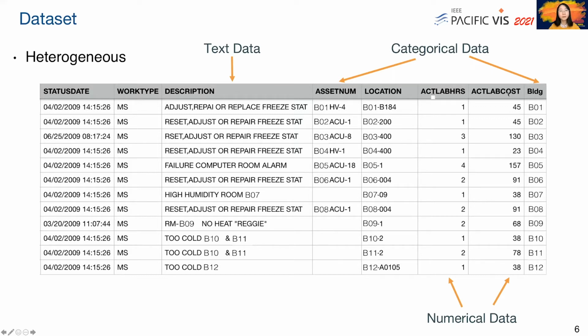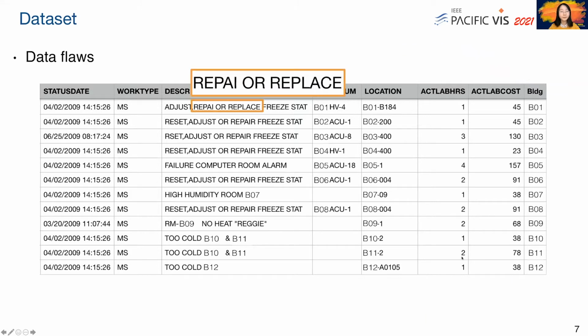Actual labor hours and actual labor cost are numerical data. Apart from the different types of data, there are also misspelling and missing data problems in this dataset. And there are also a lot of abbreviations and terms in the dataset.